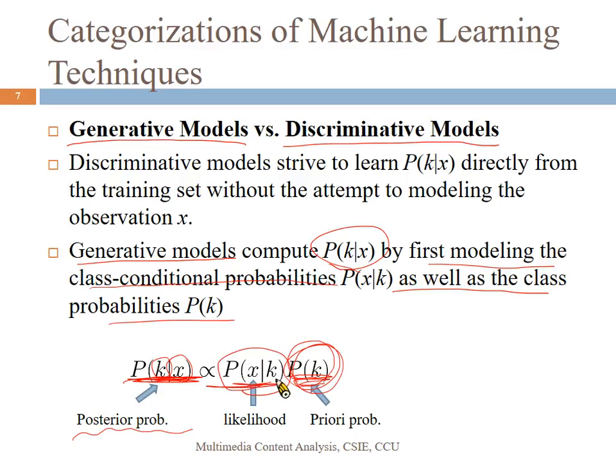That means if we know it's class k data, then how likely a feature like x will appear. Okay, so this is called likelihood and this is called prior probability. And actually, if you have taken a pattern recognition course, you may have been taught this idea.